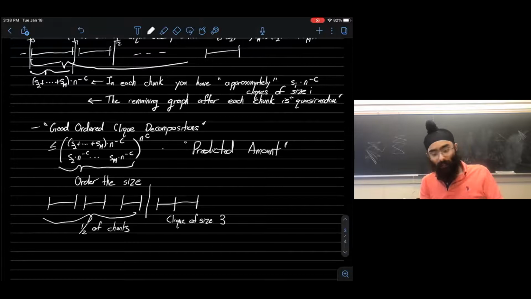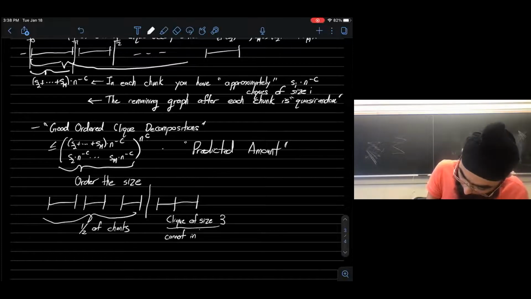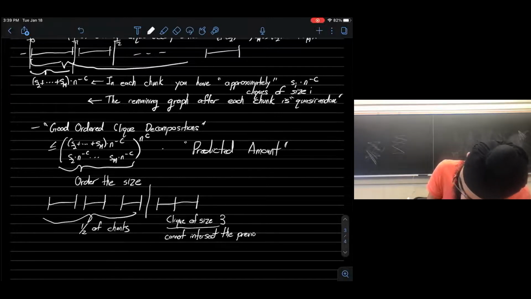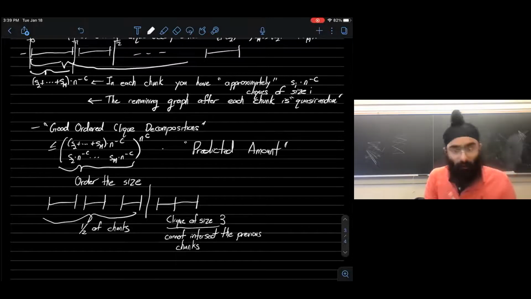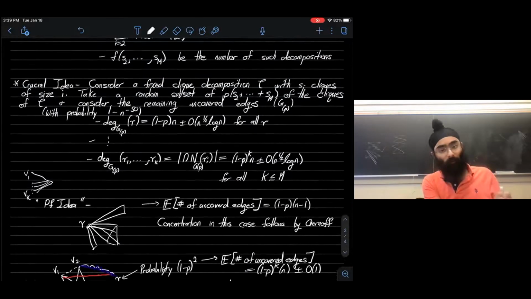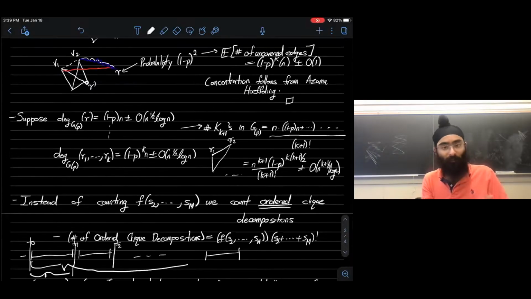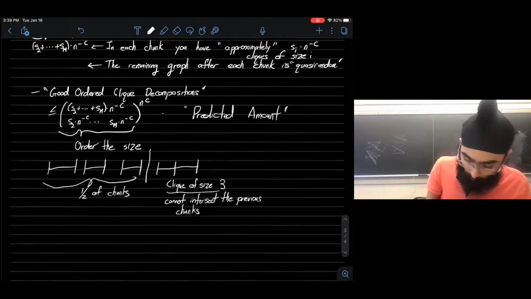The way to look at it is, this clique I have here cannot intersect the first few chunks. And given that it can't intersect the previous chunks, and the fact that the previous set of chunks is quasi-random and the number of cliques in the remainder is fixed, I have a predicted amount.